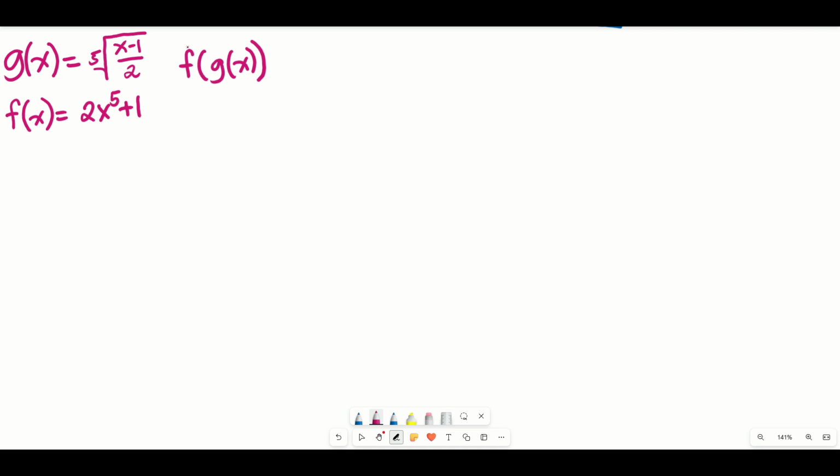So our outer function here is f and the inner function is g of x. So in this case, ang outer function natin ay itong f of x. So yung x ni f of x, papalitan mo ng g of x. So I'll have here 2g of x raised to 5 plus 1.